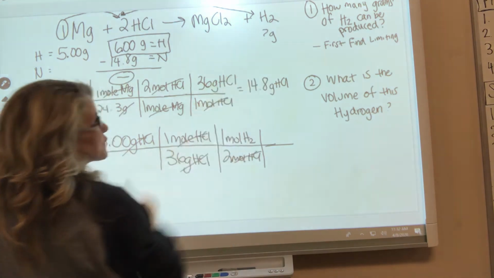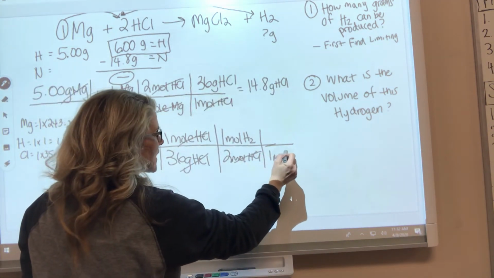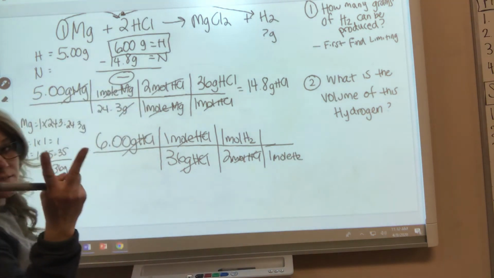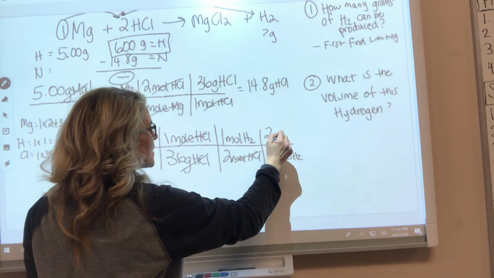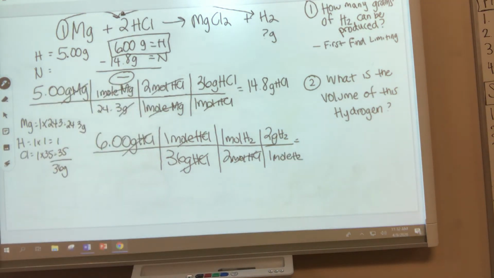Because this is asking for grams, I have to figure out the mass. In 1 mole of H2, remember H is 1 and I have 2 of them, so it'd be 2 grams of H2. And I'm going to multiply across.